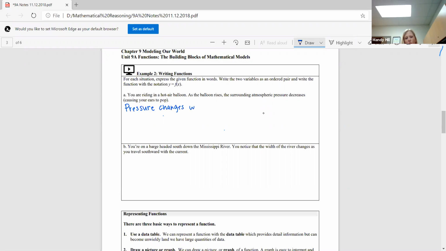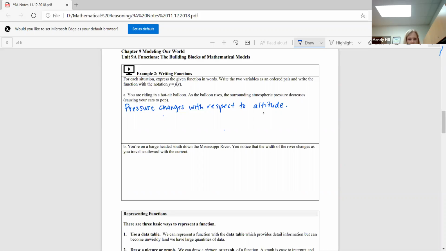Pressure is the dependent variable, and altitude is the independent variable.